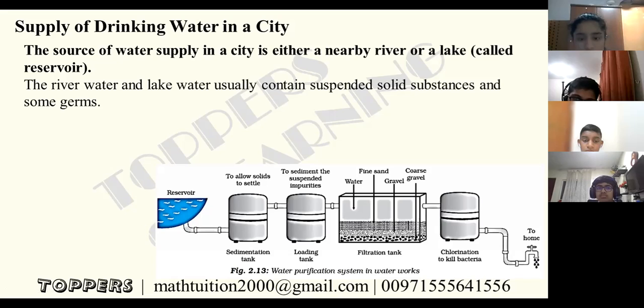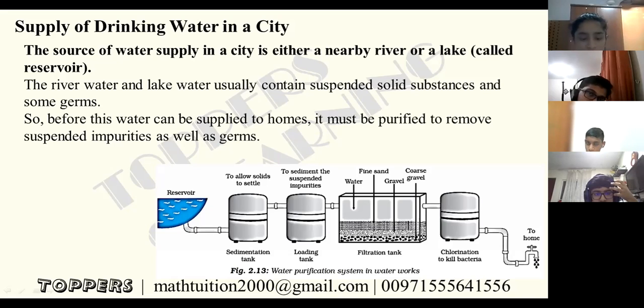Some other purposes we can use, not for drinking. So before this water can be supplied to homes, it must be purified to remove suspended impurities as well as germs. Understood?